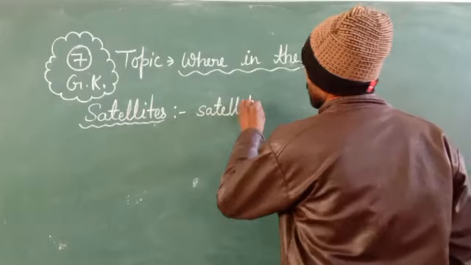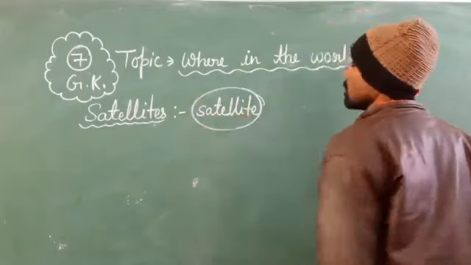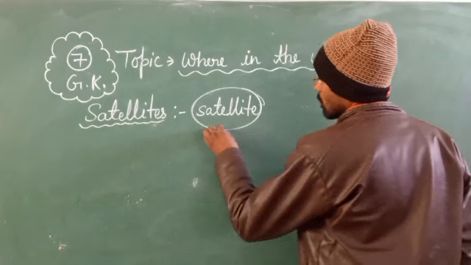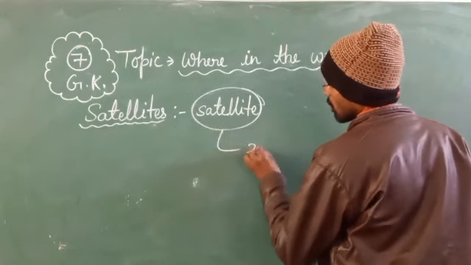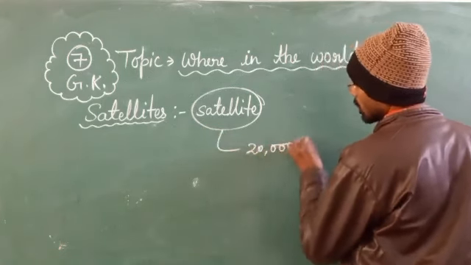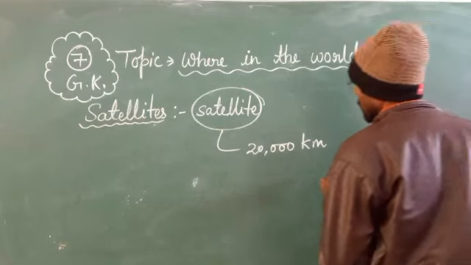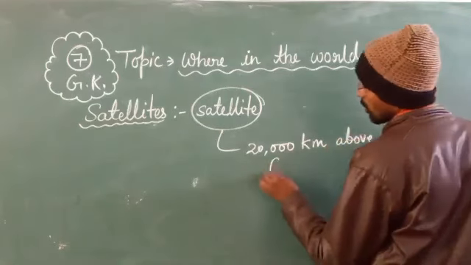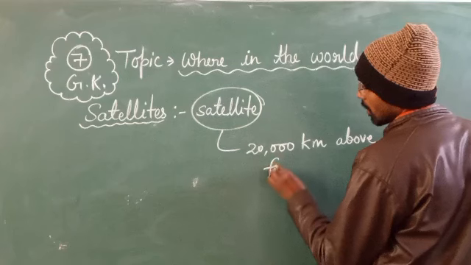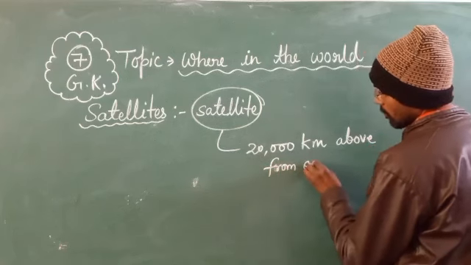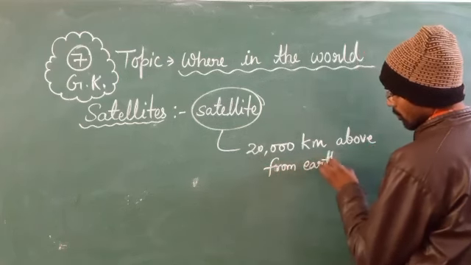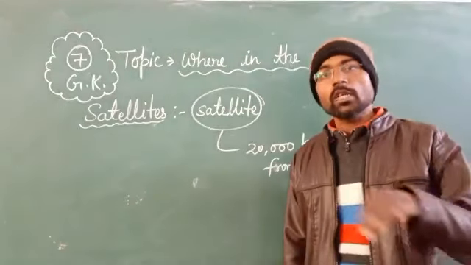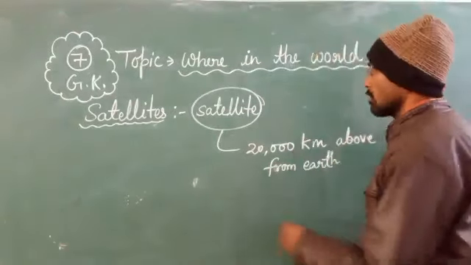Satellites are placed on the orbit of Earth near about 20,000 kilometers above Earth, and each makes one rotation in a day.